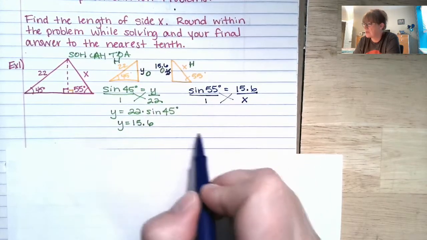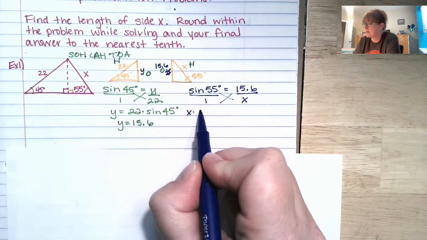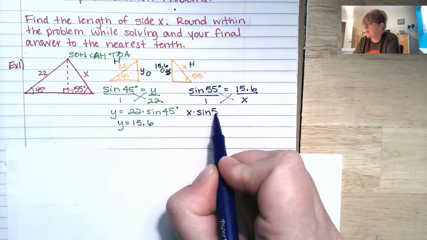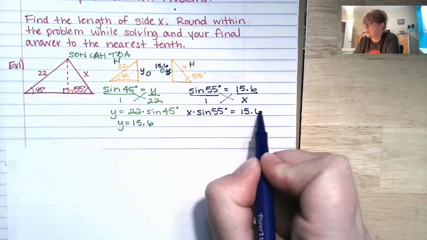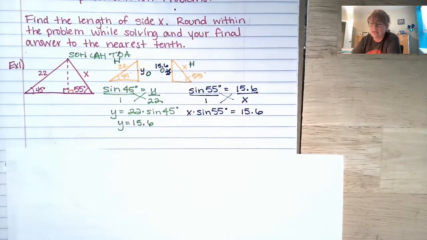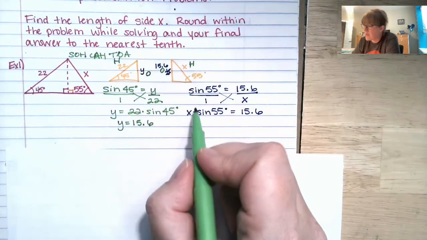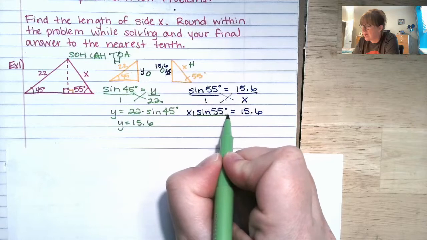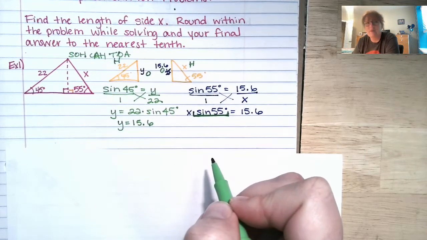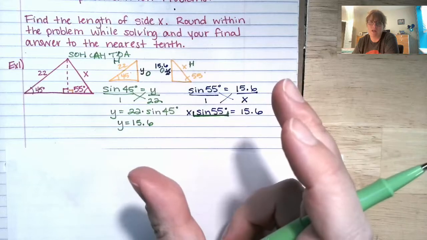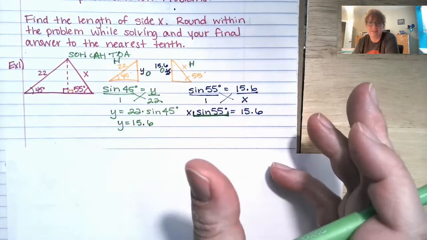So we're going to crisscross: x sine 55 degrees equals 1 times 15.6, so just 15.6. Now this looks scary, but remember that sine 55 is just a number. When you have a trig function followed by a number, it's just a weird number.